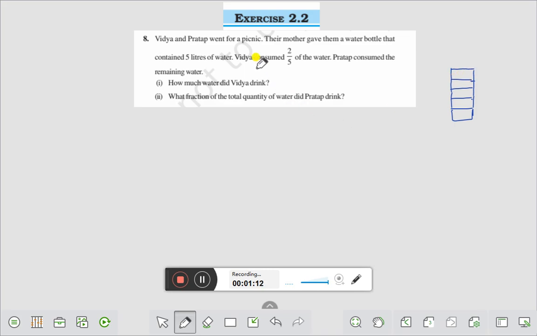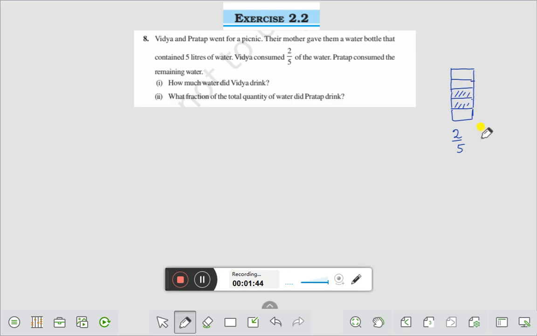Now Vidya consumed 2 by 5 of the water, 2 by 5 part of the water. Here you see there are 5 parts, 1, 2, 3, 4, 5. Vidya used 2 parts, 1, 2. The remaining part Pratap used. That means the remaining part, 1, 2, 3, that is 3 by 5.